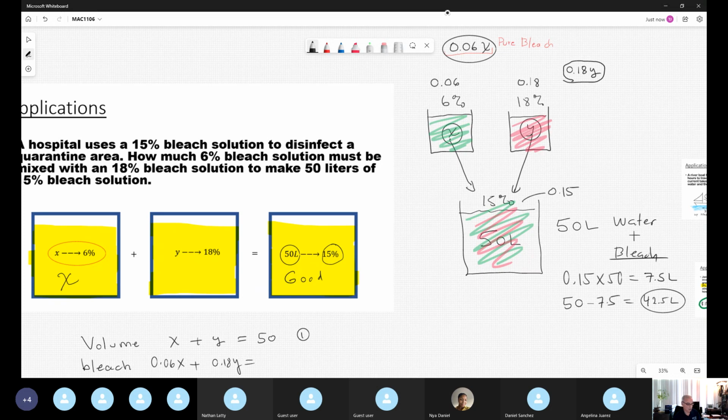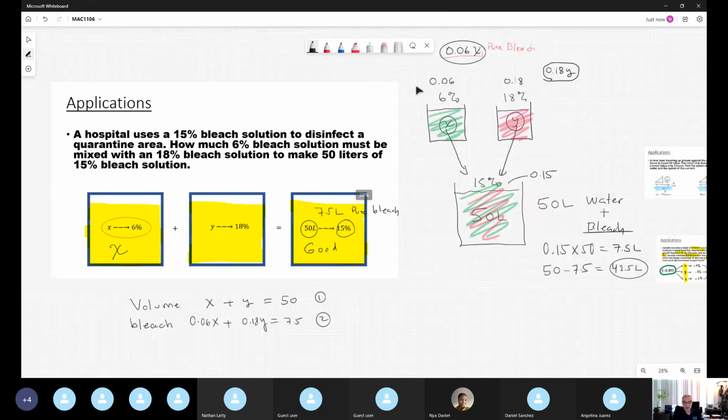Okay, 7.5 is the bleach total that we have in the last container. So this container has 7.5 liters of pure bleach. So this equation is pure bleach, and this is equation number 2. Guys, do you understand how I set up this equation in this problem?